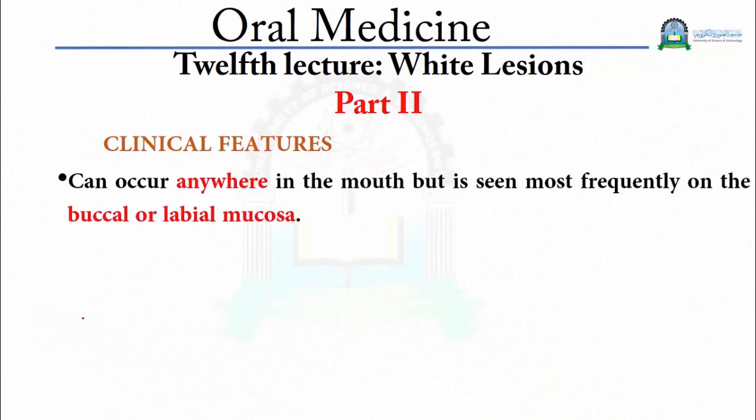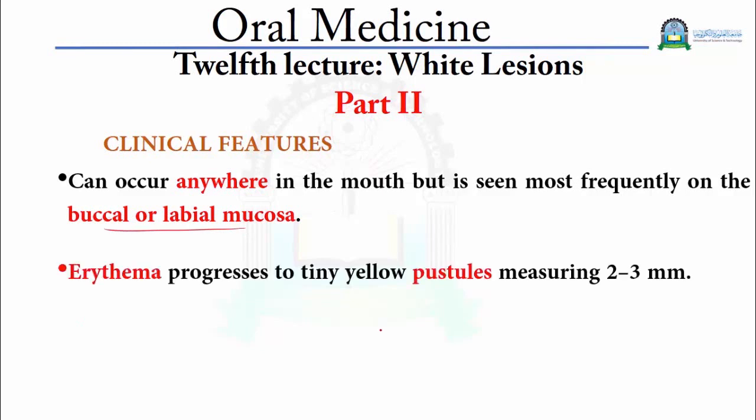Clinical features of pyostomatitis vegetans: first of all, it can occur anywhere in the oral cavity, but is seen most frequently on the labial or the buccal mucosa. The erythema progresses to tiny yellow pustules, and here I should ask you, what is the meaning of pustules?